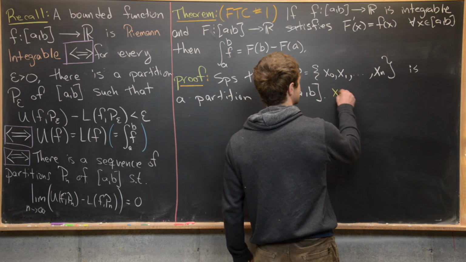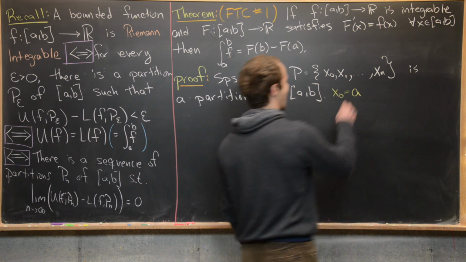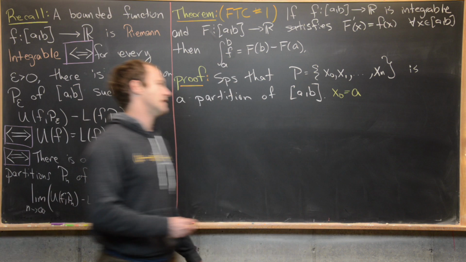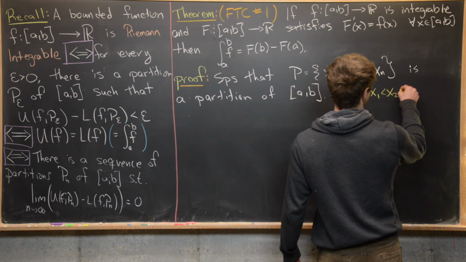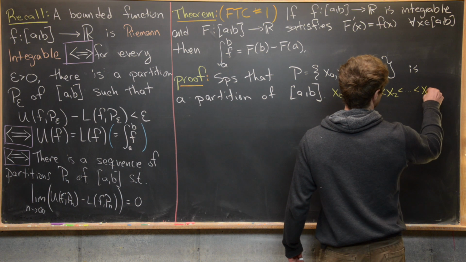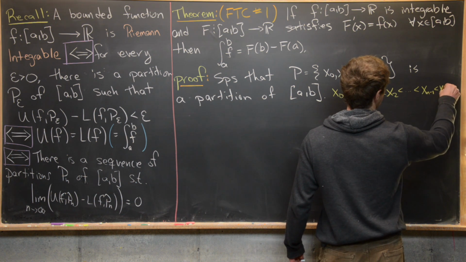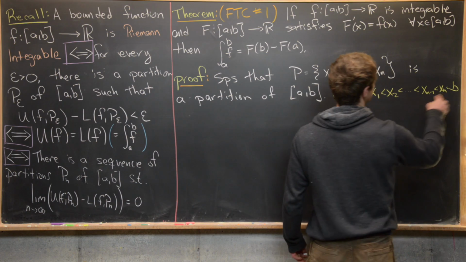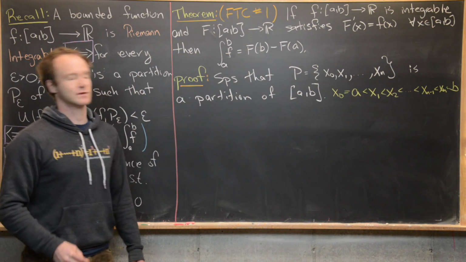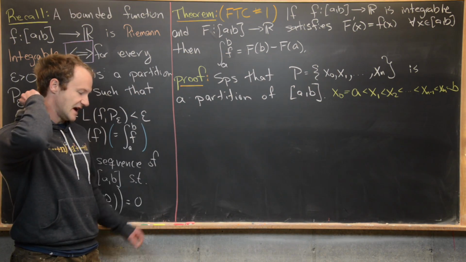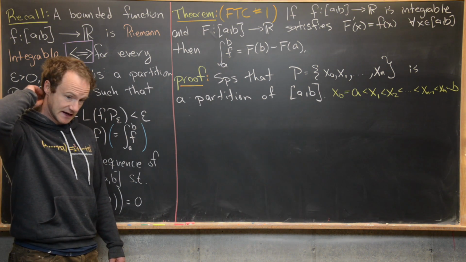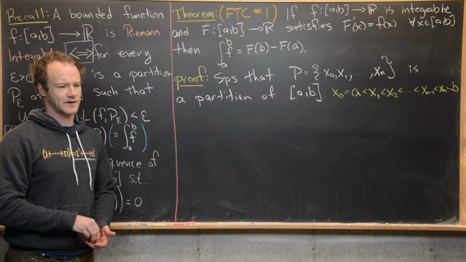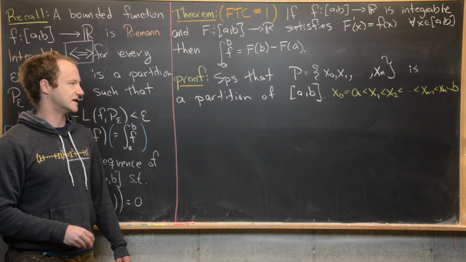So notice that gives us that x_0 is equal to a. And then that's going to be less than x_1, which is less than x_2, all the way up to less than x_{n-1}, which is less than x_n, which is equal to b. I should have said less than x_{n-1} there. So it's just a finite sequence of increasing numbers starting at a and ending at b. So that's what we're using for the definition of a partition of this interval.